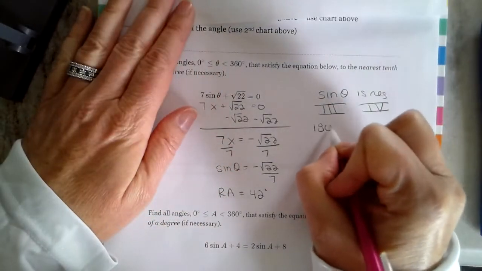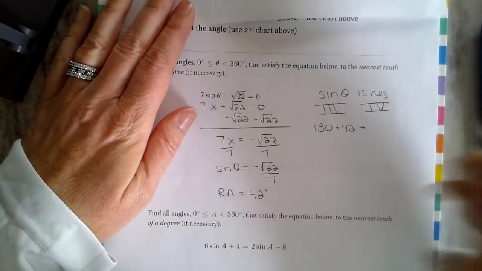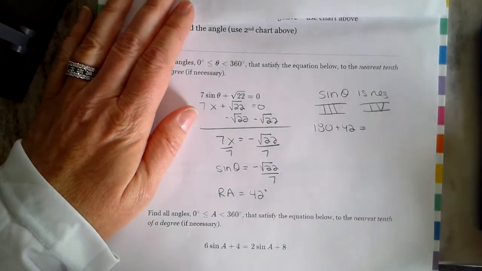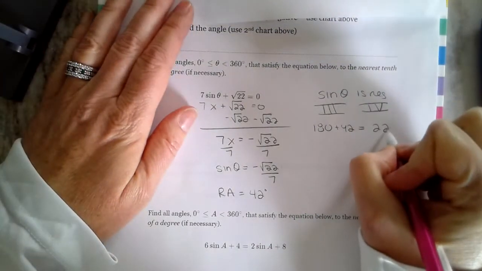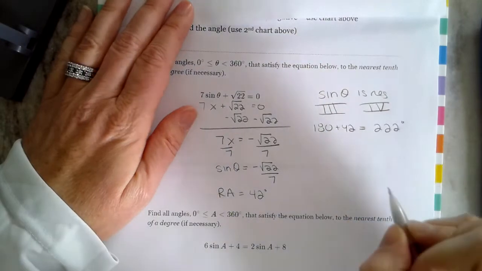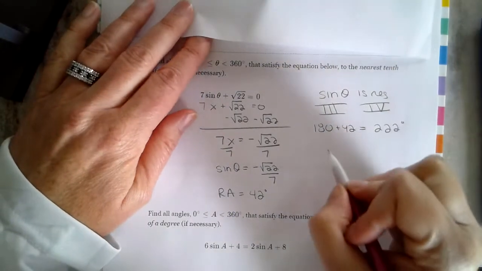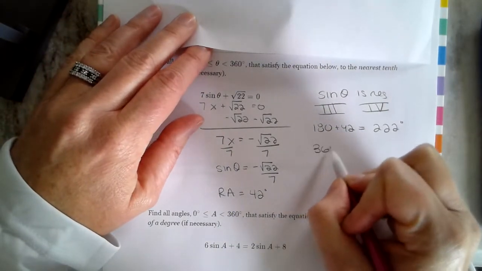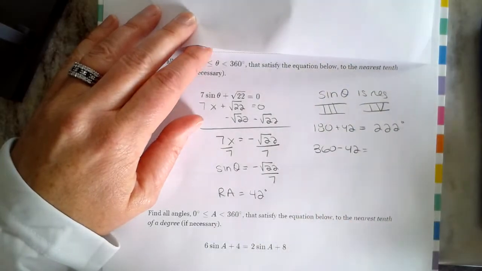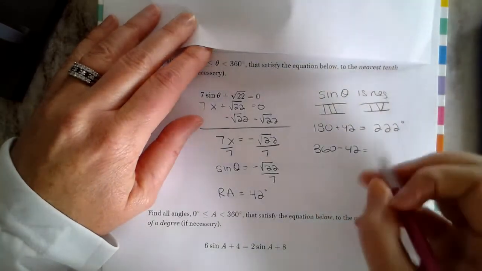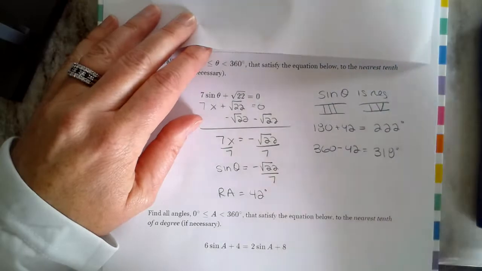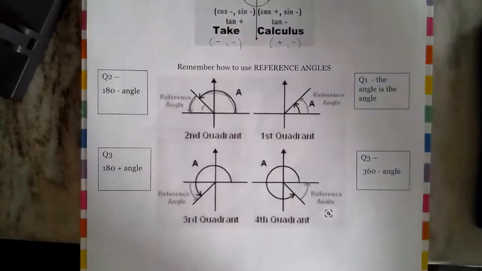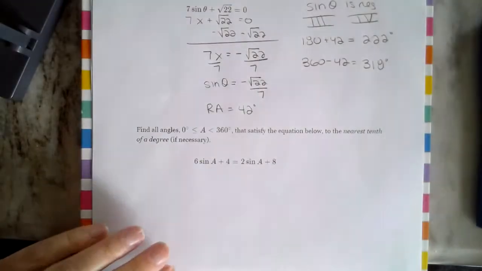So 180 plus 42 is going to equal 222 degrees. And in quadrant 4, it's going to be 360 minus 42, which gives you 318 degrees. Done. All right, let's do the next one.